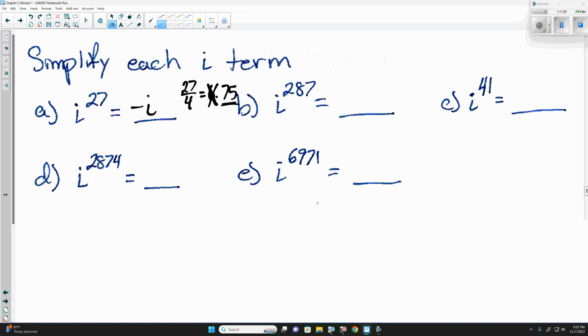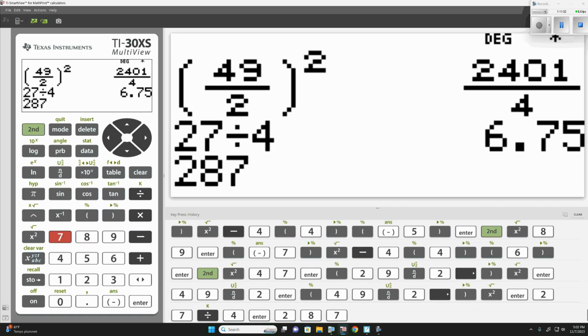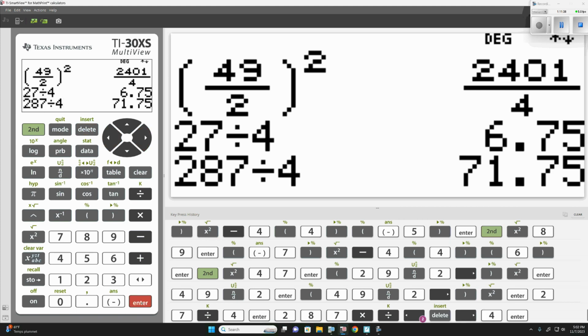The next one, 287. We're going to divide it by 4. 287 divided by 4 is 71.75.